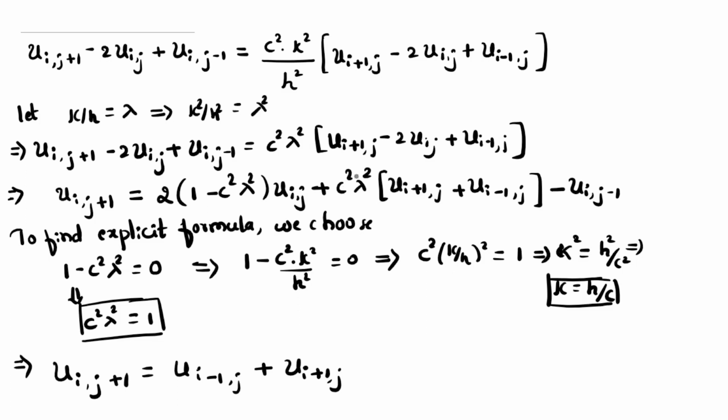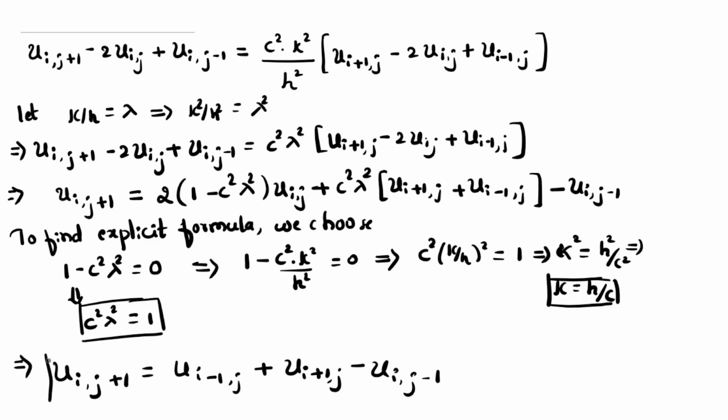In place of c square lambda square, I put the value 1. So with 1 put, u I plus 1 comma j and u I minus 1 comma j remain as they are. Next, 1 minus c square lambda square, which is 0, so that whole term becomes 0. Next, what is left? Only minus u of I comma j minus 1.